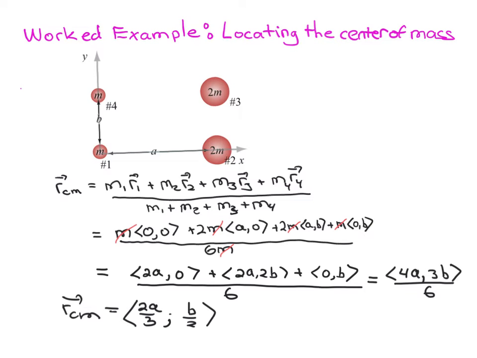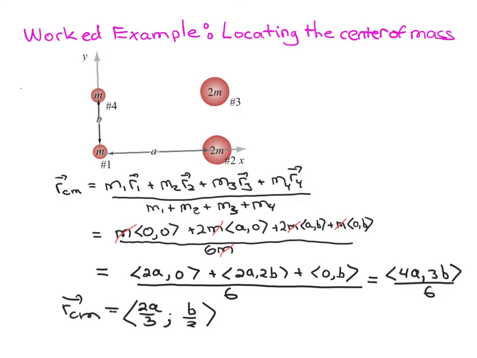What is it telling us? It's telling us that the x-coordinate is located 2/3 of the way along, and that's not surprising because we have these 2m masses here and only m here, so that shifts the center of mass 2/3 of the way along this rectangle in the x direction.